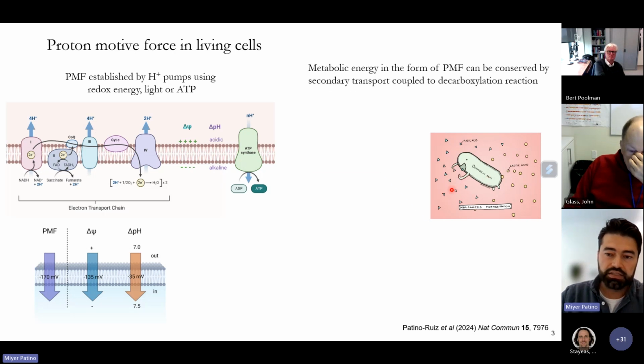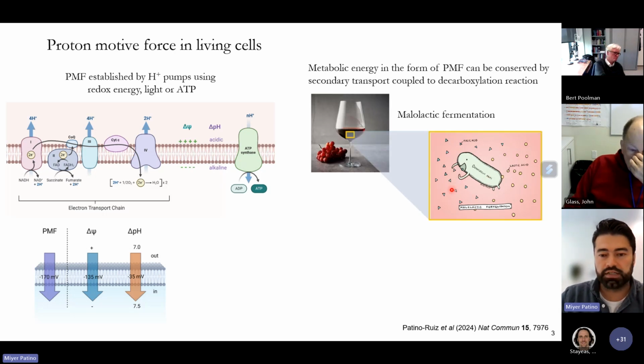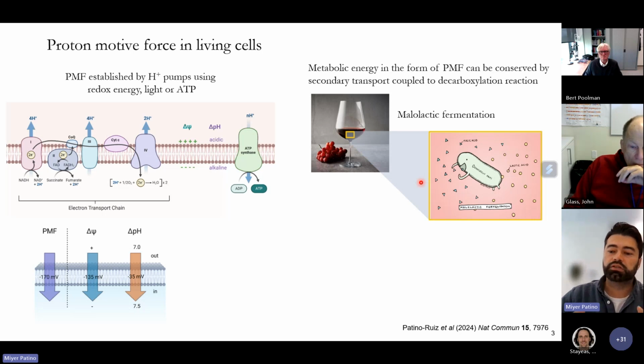That's the basis of a common process in the production of wine, called malolactic fermentation. After the alcoholic fermentation, addition of these lactic acid bacteria will reduce the acidity of the wine and confer a little more buttery flavor.